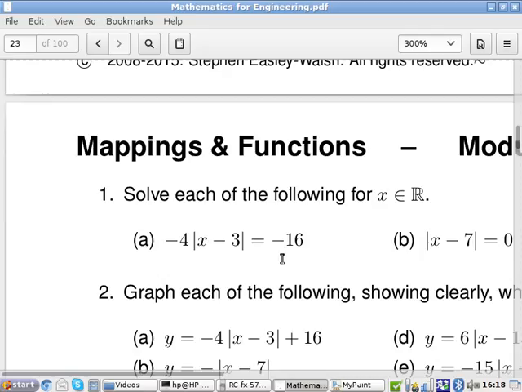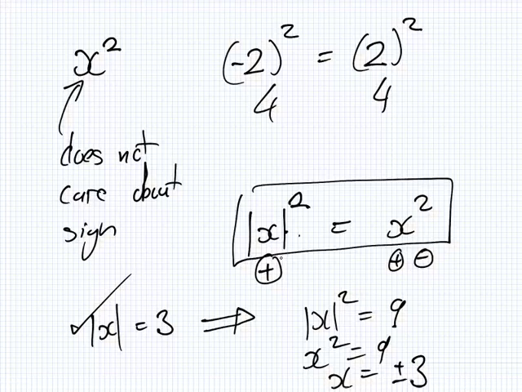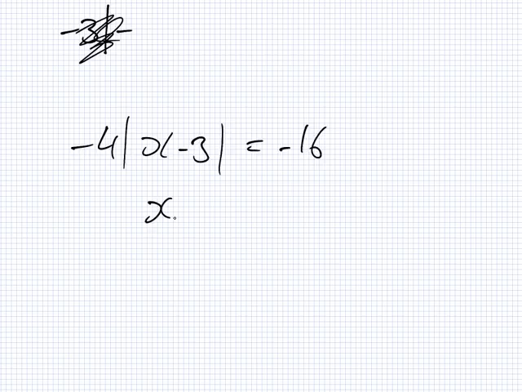Okay, did you write that down? So, let's have a look at solving this one. What was it? Minus 4 absolute x minus 3 equals minus 16. So we divide by minus 4 and we get 4. And then we square.